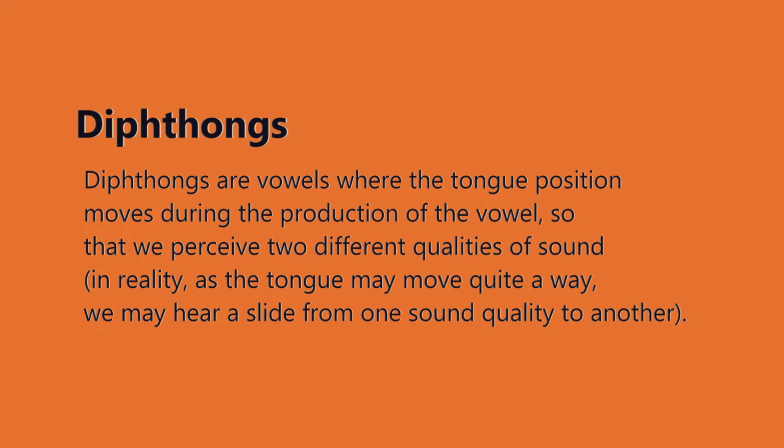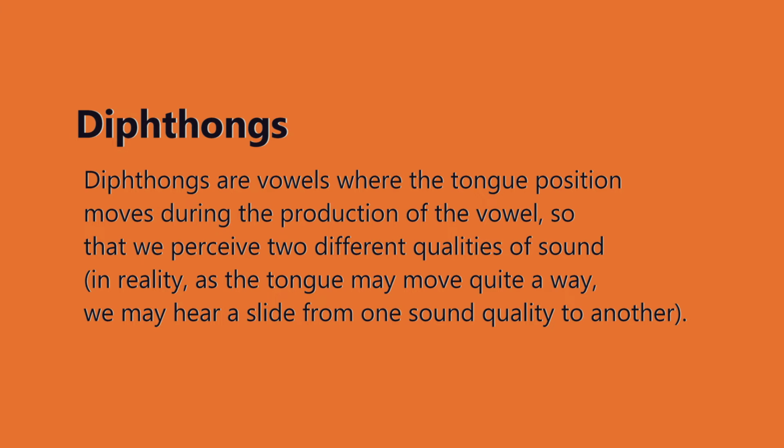On the other hand, there are the double vowel sounds, like the word bathe. The tongue position moves. It starts at point A and it moves towards point B during the production of the vowel. We actually perceive two different qualities. We perceive a transition from one vowel quality to another.